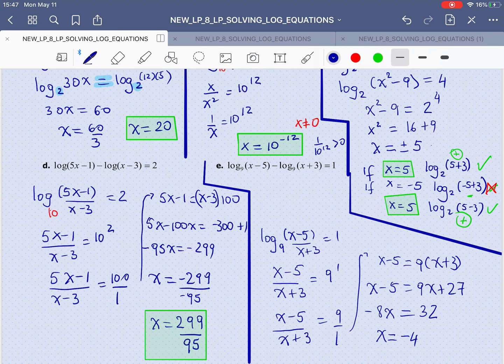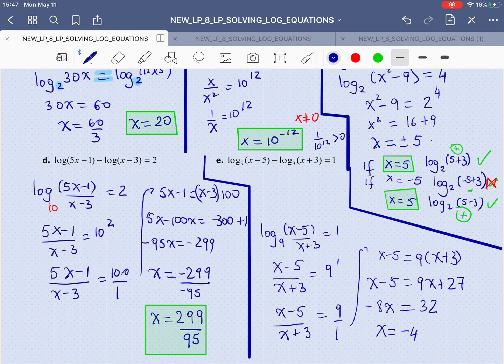Now we're going to check and see, all right, how is this going to work for our equation? If x equals negative 4, then we will have log with base 9 of negative 4 minus 5. Now this will be a negative number. A less than 0 number doesn't exist.